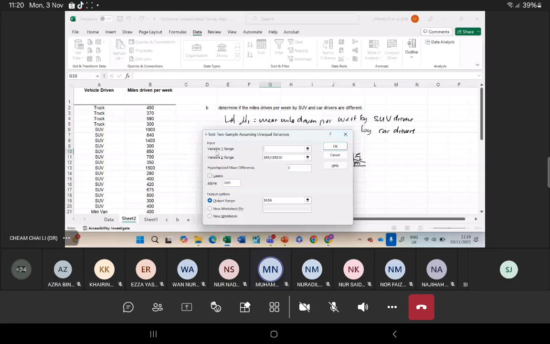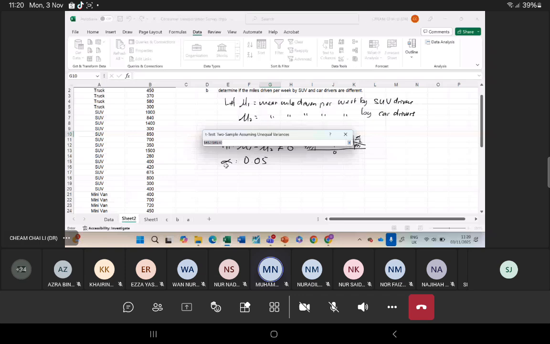Okay, and then variable 2 is the car drivers. So yang ni delete. So kita kena cari car drivers pula. Okay, this is car drivers. Dia punya miles driven, right? Yeah, car drivers kita kena select semua.